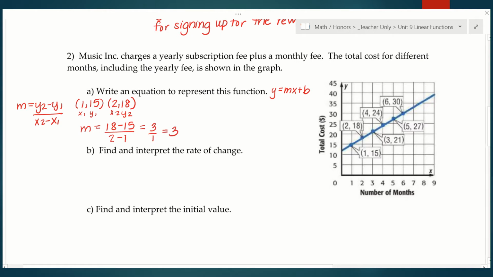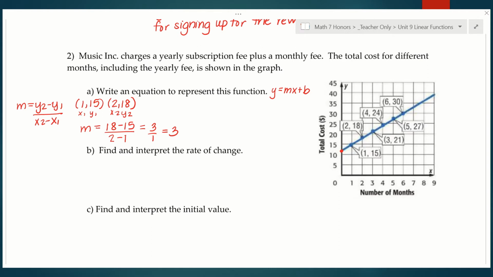Okay, so I'm halfway there. I have my slope. Now I need to find my y-intercept. Now, it's never okay to guess. Okay, so I can see my y-intercept is right there, but I don't actually know the value of it. Okay, so what you're going to do is you're going to use your slope to figure out what that would be.